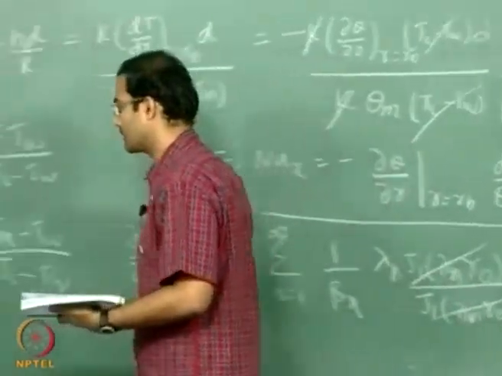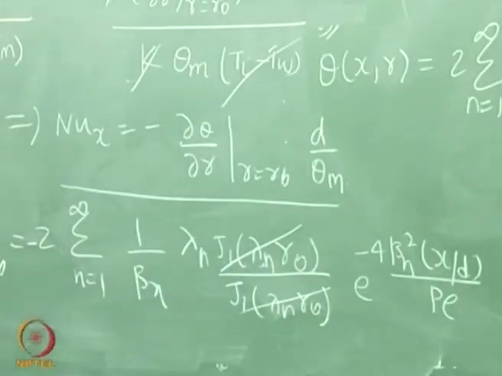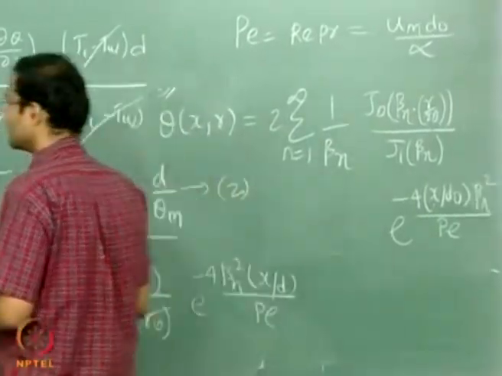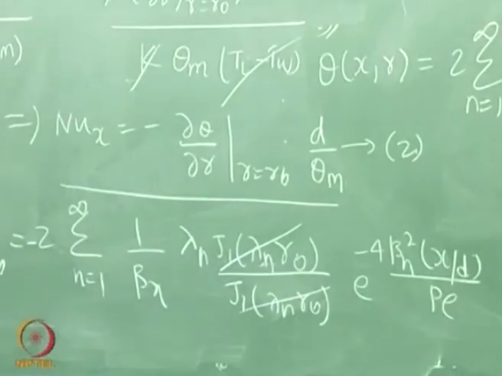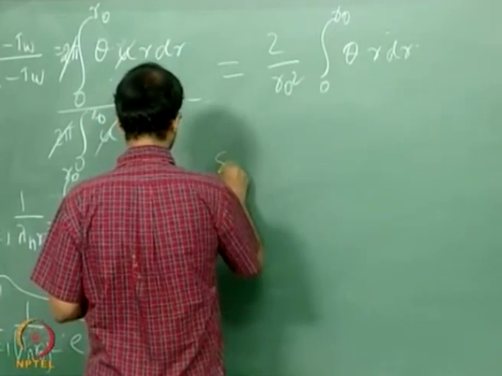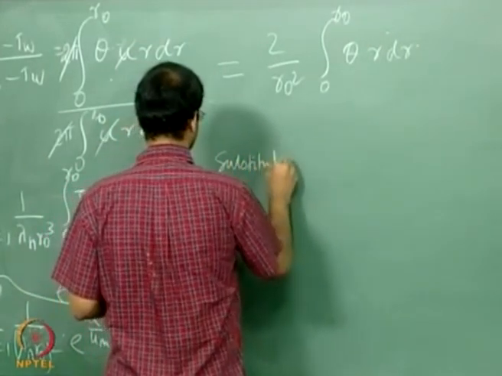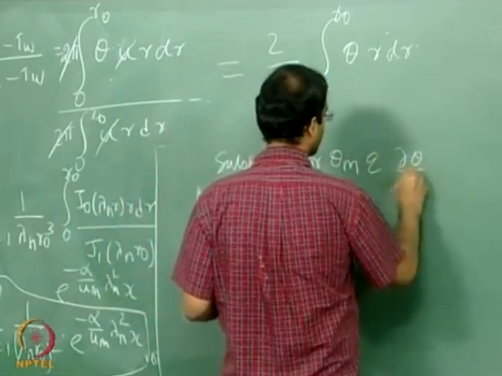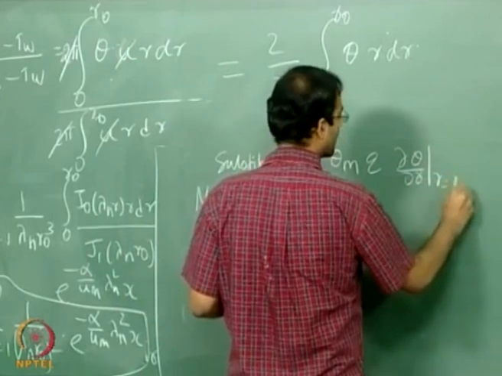And if you substitute your derivative as well as your mean temperature into this expression, let me call this as expression number 2. So this will give me Nusselt number, substituting for theta m and d theta by dr at r equal to r naught into 2.